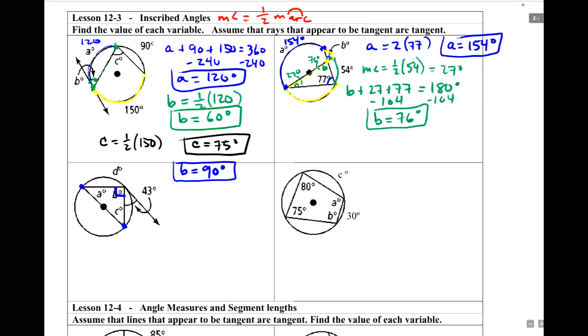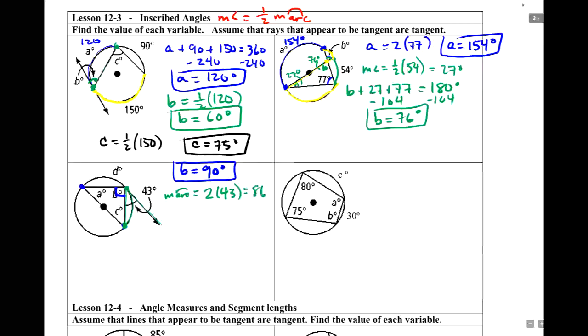Well, how are we going to find A? Well, we know that A is going to intercept this arc right here. We don't have the measure of that arc. But do we have another angle that intercepts this arc? Yes, we do. This one right here, our tangent one. So we know that the measure of this arc here is 2 times this angle that we're given, which is 43.